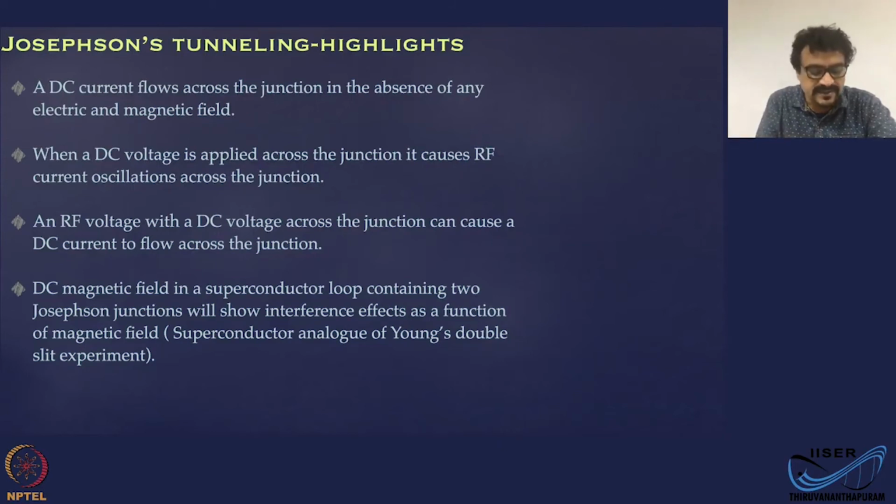The next one is when you apply a DC voltage across the junction, it causes RF voltage or RF current oscillations across the junction. So DC current when no voltage is applied, and AC current when a DC voltage is applied.